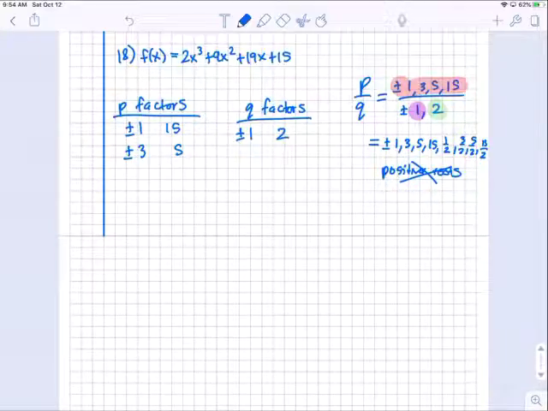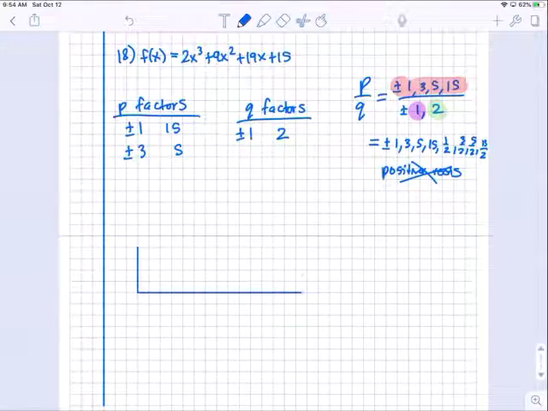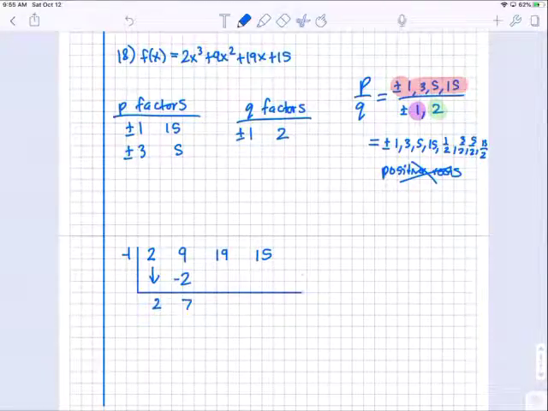So, synthetic division time. We got 2, 9, 19, and 15. Let's just try -1 first. 2, -1 times 2 is -2, 7, -7, 12. Okay, that one's not going to work.